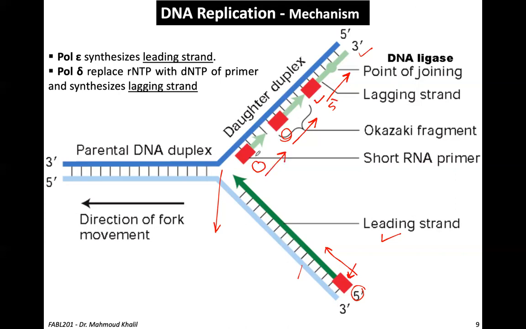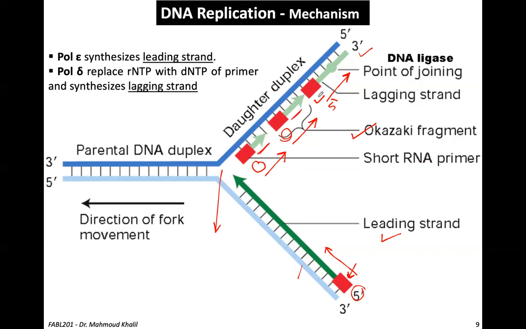This results in discontinuous fragments. And these fragments actually have been described by a Japanese scientist, and they are named according to his name, so they are called Okazaki fragments. Each Okazaki fragment is formed from a primer and a part of the newly synthesized DNA.